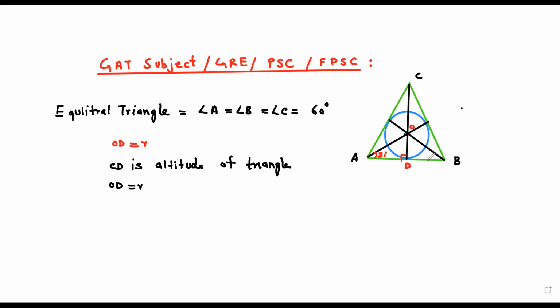OD is equal to r, which is the radius we take. The radius of the circle is r. And here D is the midpoint of A and B, and you know that AD is equal to DB. OD is the radius of this circle, which is equal to r.